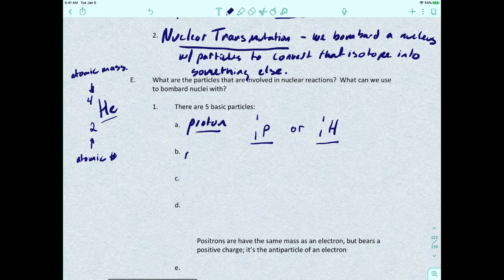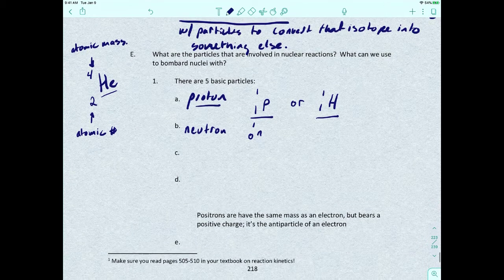The other particle inside the nucleus is the neutron. We write that with a lowercase n, and the neutron has a mass of 1, but has no atomic number. And there's only one way to write a neutron, so we're good.